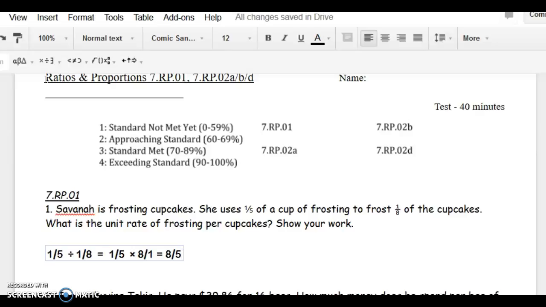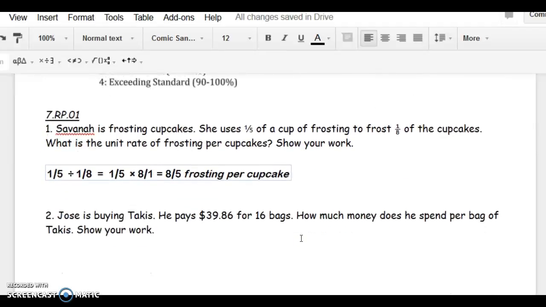And you can reduce that to 1 3/5 or leave it at 8/5 frosting per cupcake. That's it. 8/5 cup of frosting per cupcake. But if you just put frosting per cupcake, that'd be fine. And that was the big mistake most people made, is they didn't put the units down.